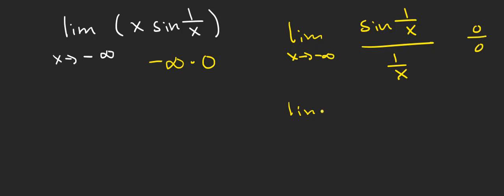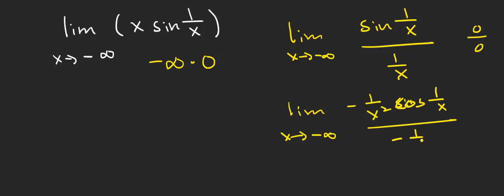You end up getting limit as x goes to negative infinity of negative 1 over x squared cosine of 1 over x over negative 1 over x squared. That cancels out. Plug in negative infinity. 1 over negative infinity is like 0. So cosine of 0 is 1. Therefore, this thing is also 1.